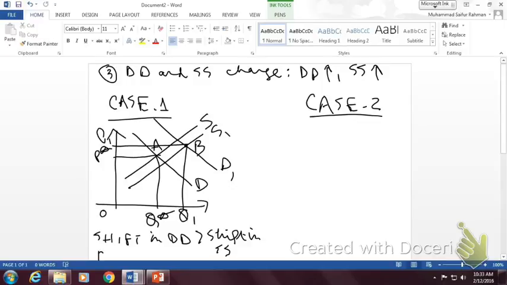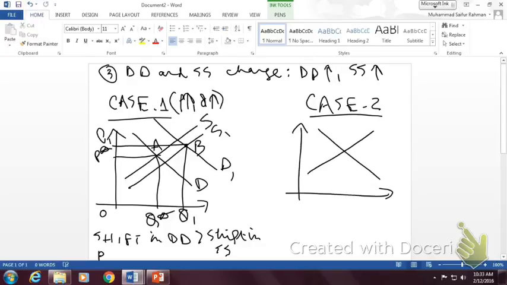Price increases, quantity increases. So case 1: price increases, quantity increases. The next case is again the same market equilibrium, P star, Q star, D, S, but in this case the shift in supply is larger than the shift in demand.